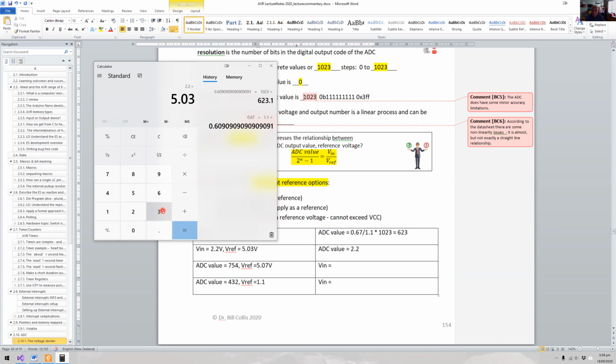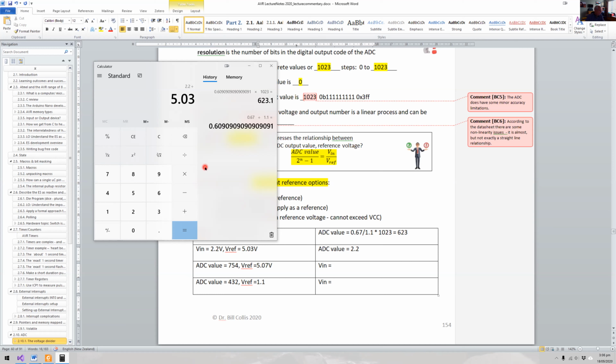Well, the reason is that your VCC voltage will fluctuate all over the place. Quite likely, it won't be a stable 5.00000 volts, it might be 4.83, it might be 4.91 or 5.1. So you get all these sort of voltages. And of course, if that fluctuates, then what's coming out of your ADC can be quite unreliable. So that's why I've used these numbers here.